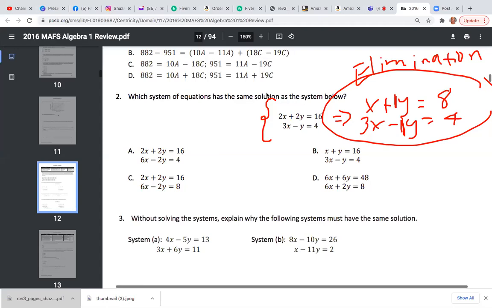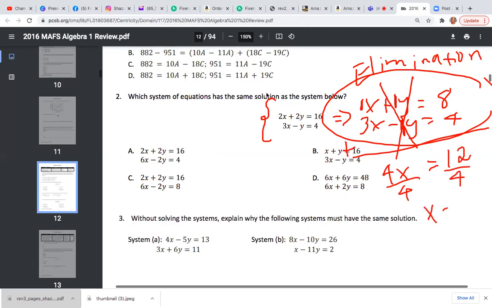Because they have the same coefficient with opposite signs, we can eliminate the variable y. Then with what's left over, we add to solve this. Remember, there's a 1 coefficient here: 1x plus 3x is 4x, and 8 plus 4 gives you 12. Then divide both sides by 4 to get x equals 3.